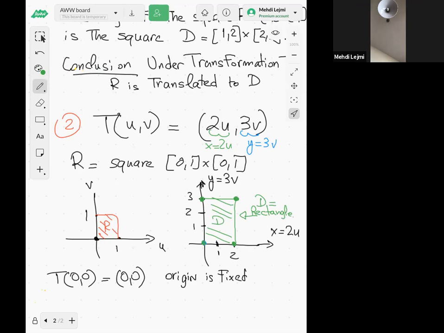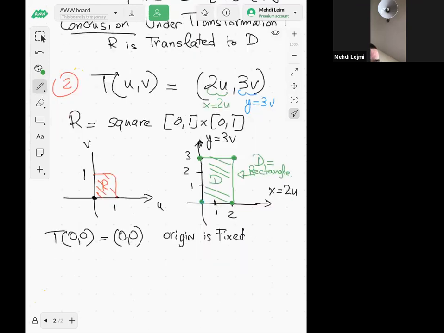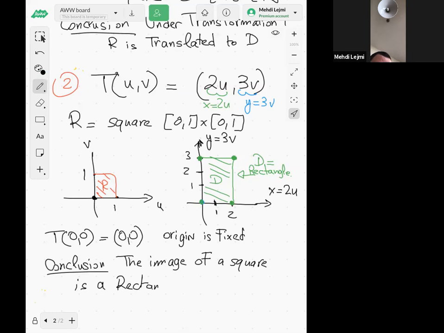And so the image of the square in this case would be a rectangle. It's not a square anymore. You stretch your square and you got this rectangle.